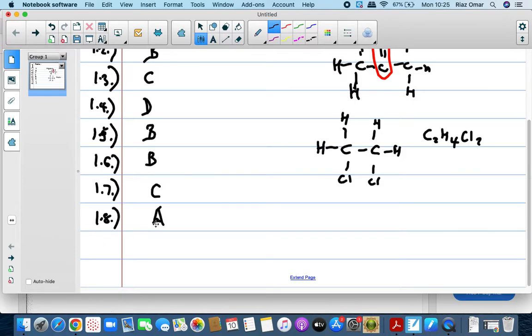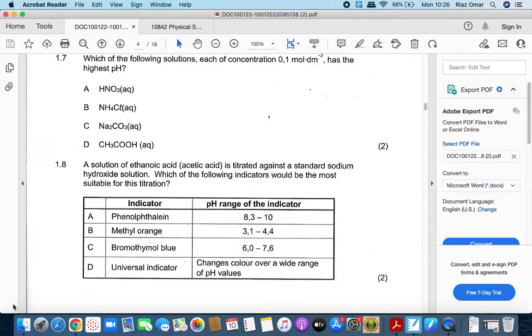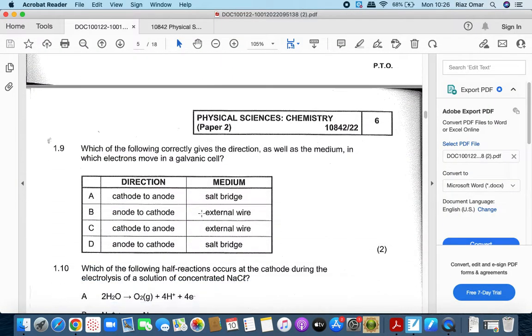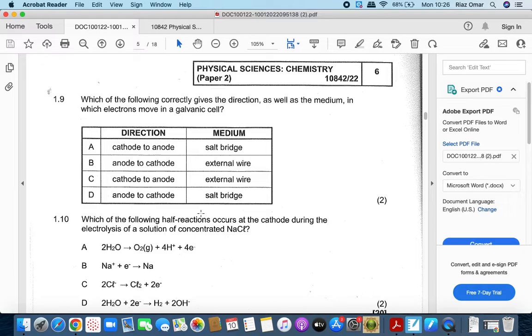Alright, and then the 1.9 question is, which of the following correctly gives the direction as well as the medium in which electrons move in a galvanic cell? In the galvanic cell, the electrons move from the anode to the cathode, from the negative to the positive part of the cell.